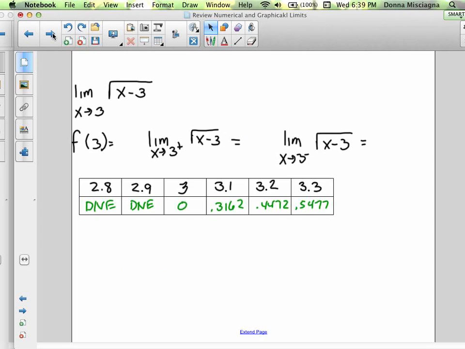Here we have the limit as x approaches 3 for the function square root of x minus 3. Now if I plug in 3, this function is not undefined when x equals 3. This is going to be the square root of 3 minus 3, which is 0.